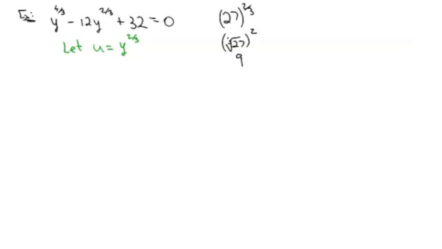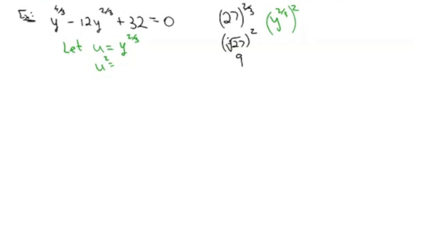And then after you choose that little substitution, you take both of them and you square them. If this is going to work as a quadratic form, that squared term better be y to the 4/3. So, is y to the 2/3 squared y to the 4/3? Down here, y to the 2/3 squared.